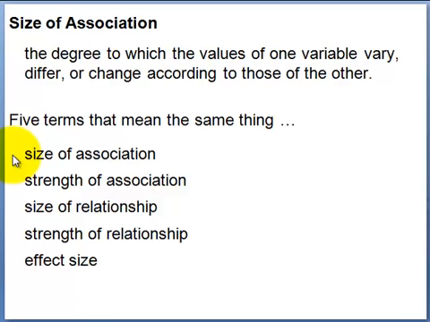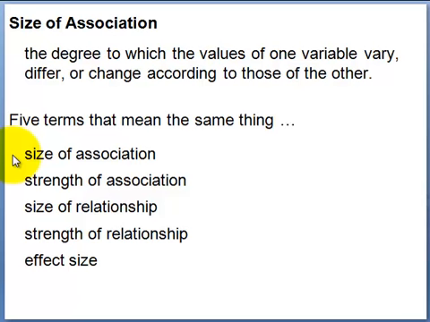So what we're going to try to do here is give you some tools to gauge size of association. And as we go forward, do recall from the prior video that we're not concerned here with whether a relationship is or is not statistically significant. So we're just looking at size of association within our study sample.